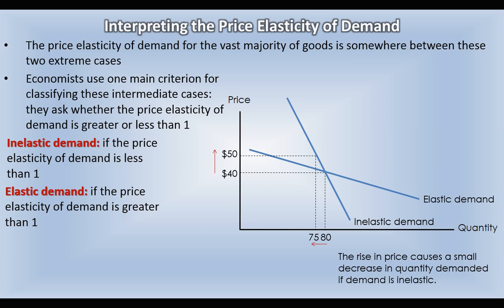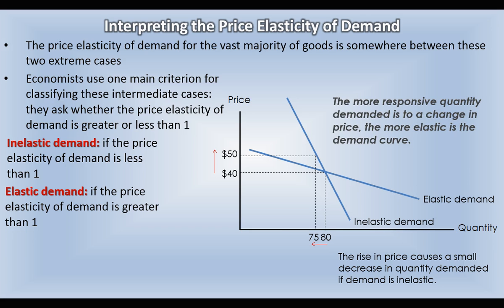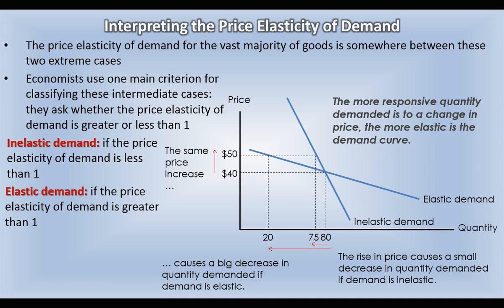So in this case, if we were at this initial point here, where $40 corresponds to 80 units demanded, the same increase in price would result in, if the price were to go here to $50, the quantity demanded decreasing quite a bit, from 80 to 20 units. So we see that demand is very elastic, and again, that is captured by the fact that the slope is pretty flat, almost heading to that perfectly elastic flat demand curve.